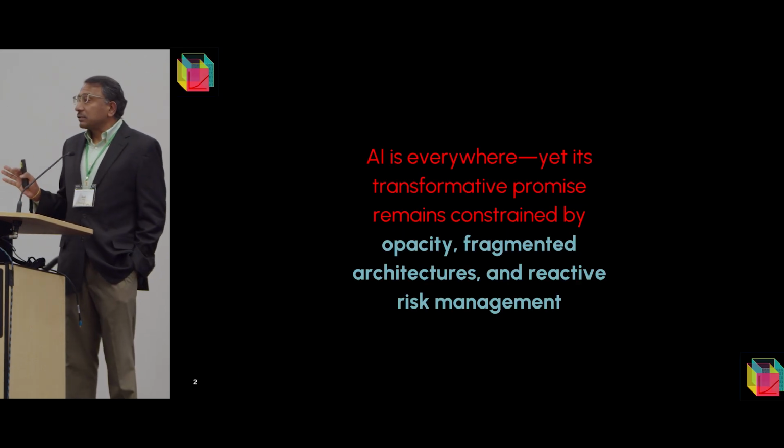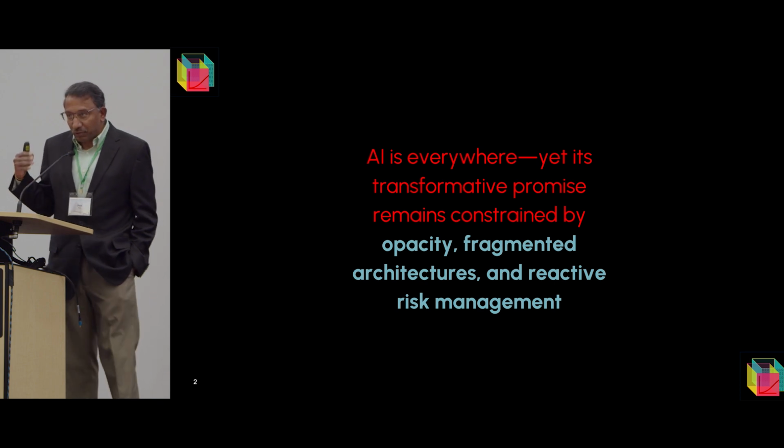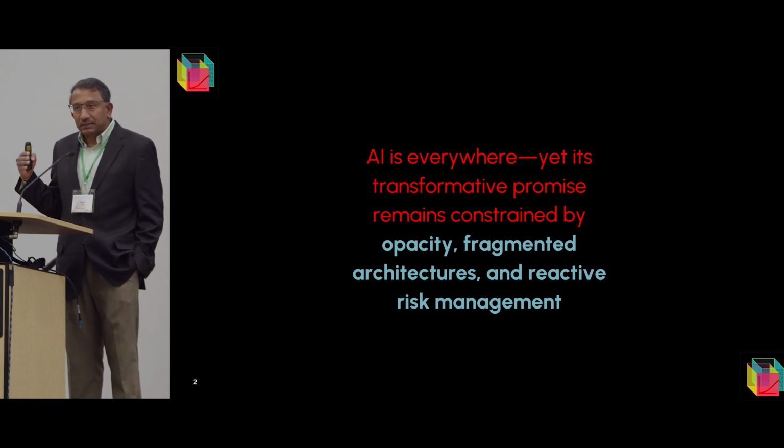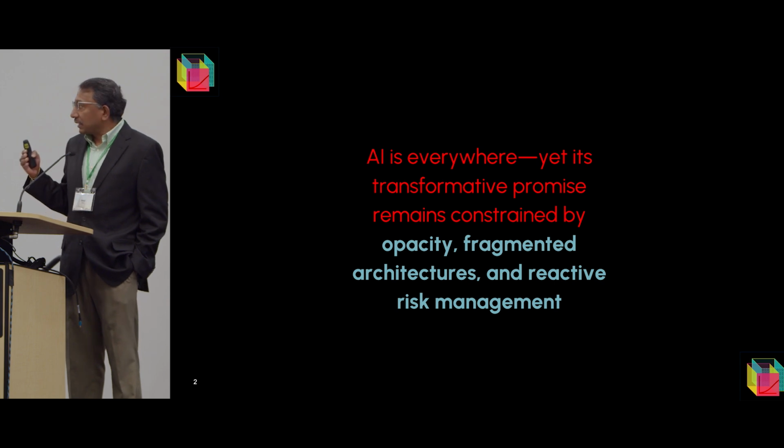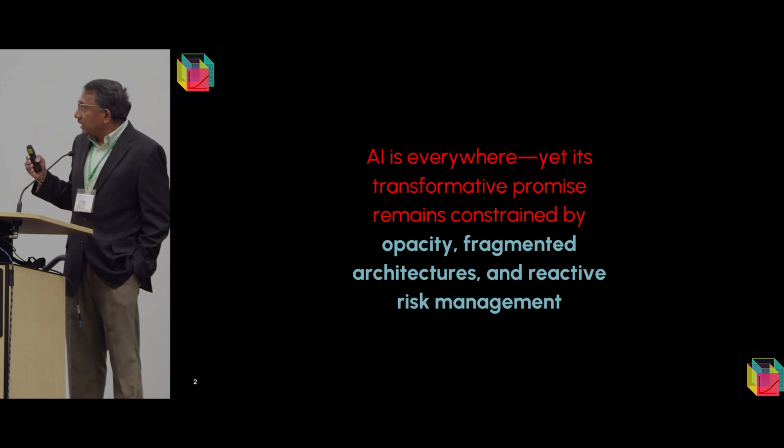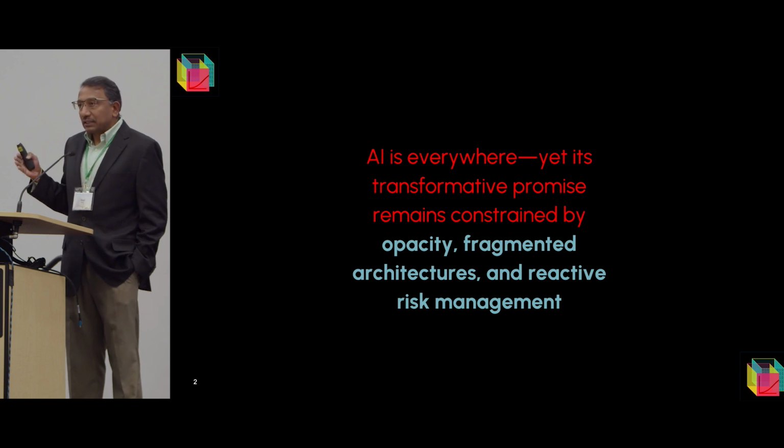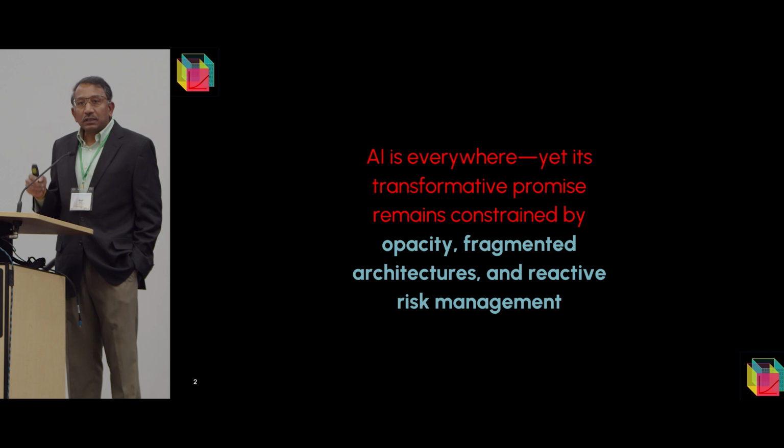So AI is ubiquitous, but the ROI is dubious, right? We are not getting the ROI we need to, so I believe the reasons are opacity, the fragmented architecture, and reactive risk management, right? So the question is, how do we overcome them?